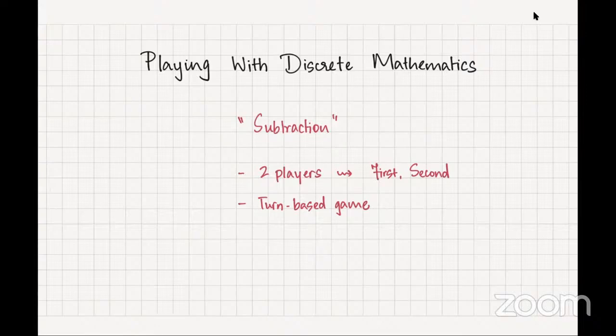So apart from first and second, we will often use the terminology of the current player and the other player, or as in the book, the next player and the previous player, which I personally find slightly confusing because when the game starts, there isn't a previous player. So the previous player is really a way to talk about the player who is not playing the current turn. We'll just have to keep that in mind.